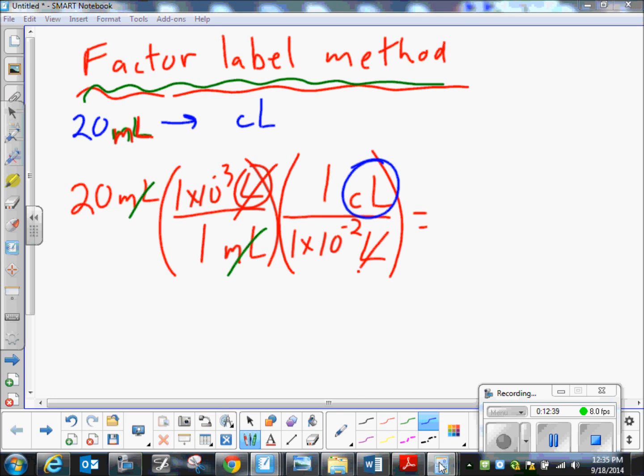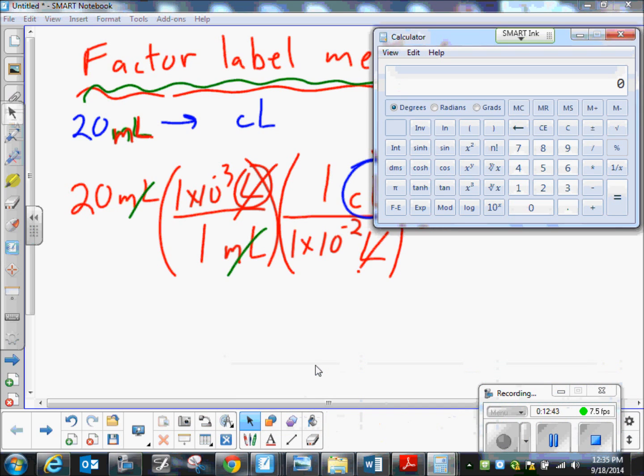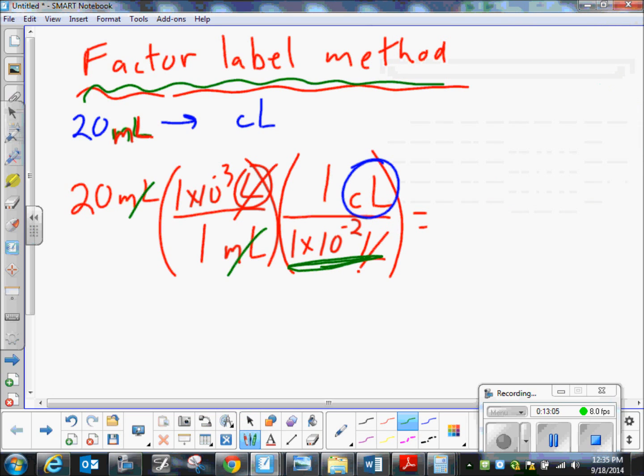So now I do the math with this. I push 20. I go to my first number, it's times, because it's on top, times 1 exp negative 3, and I push equals. Okay, so I'm done with that part, and now I go to my next number, and that number is on bottom, so I'm going to have to divide with the calculator.